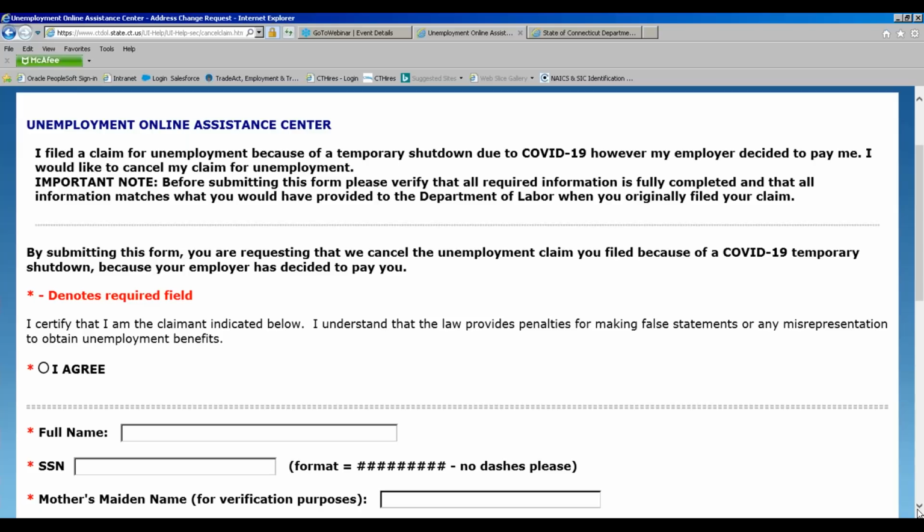However, my employer is going to, well, I won't read the whole thing, but I'd like to cancel my claim for unemployment. So basically, I collected for a period of time. Usually these are people who have filed claims in the month of March, and first-time filers. We're getting a lot of these.